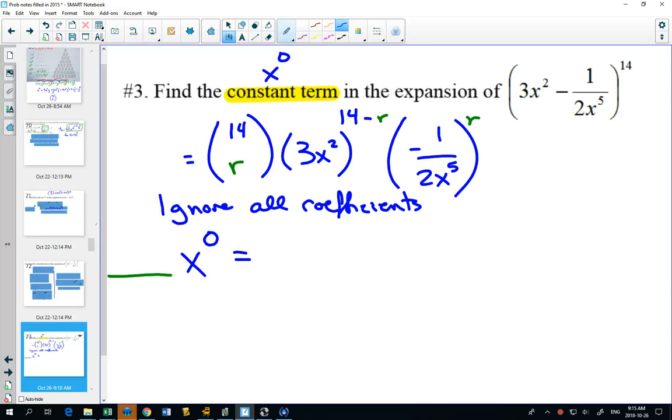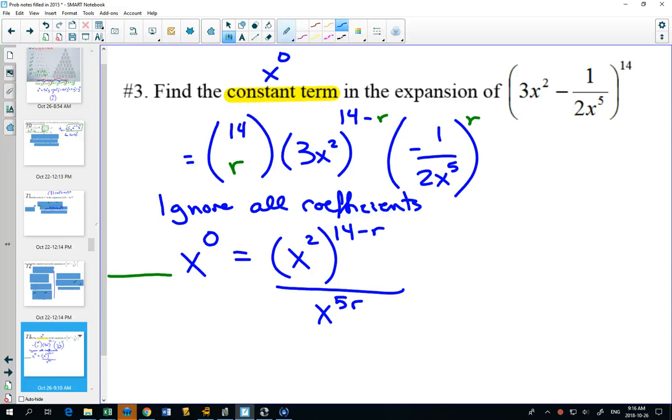So then in this case, I'm going to have in my numerator x squared to the 14 minus r, and in my denominator I'm going to have x to the 5r. It's basically the same thing we did with mental math.